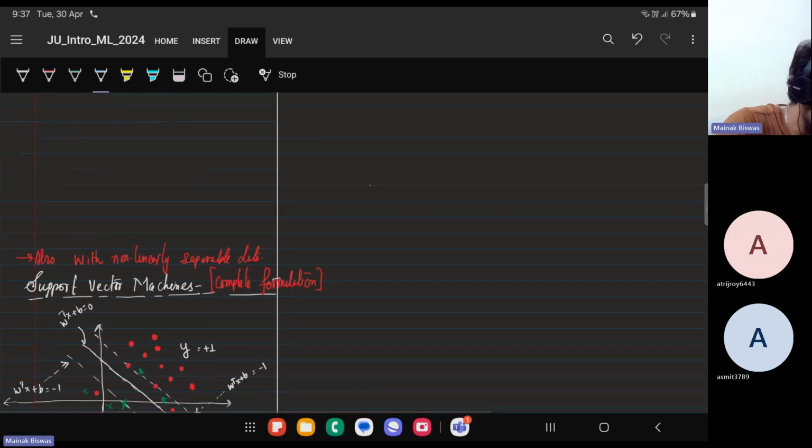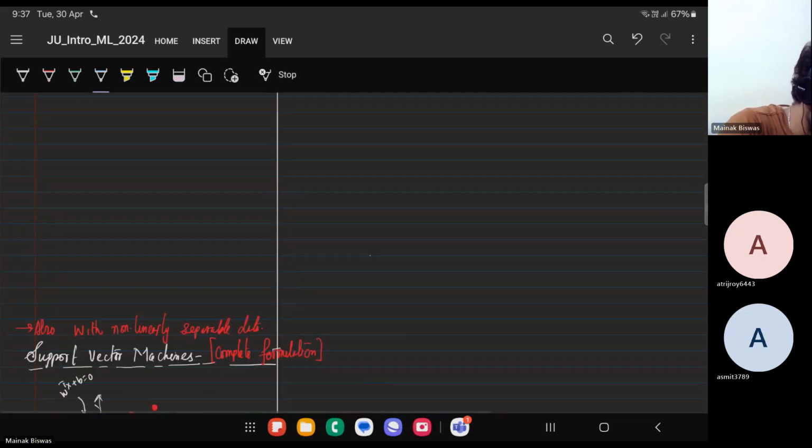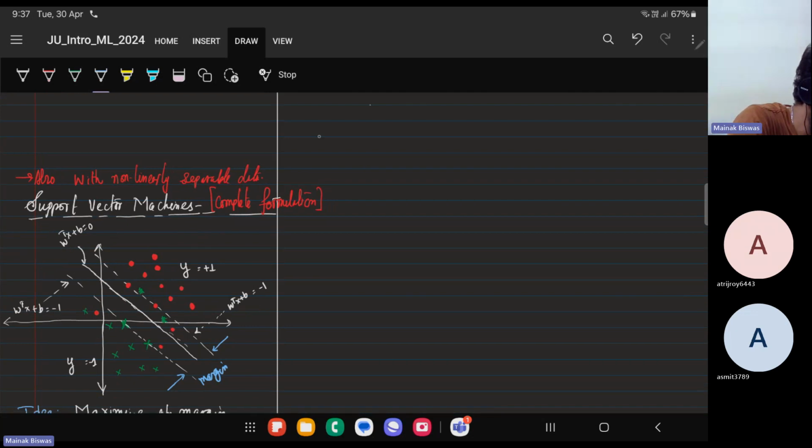So I'll just write down the objective of the SVM. The objective of the SVM is: minimize W, such that Y_i (W transpose X_i plus B) is greater than 1.